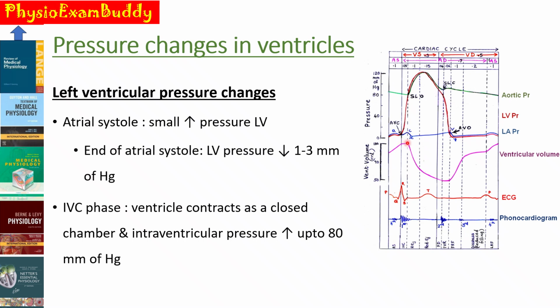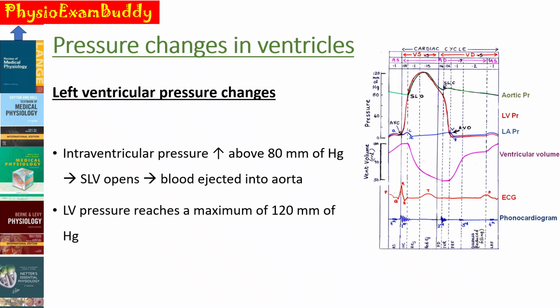And what happens in this isovolumetric contraction phase? During isovolumetric contraction, the ventricle contracts as a closed chamber. So the intraventricular pressure will rise up to 80 millimeters of mercury. So you can see here at the end of the isovolumetric contraction, the pressure in the left ventricle is around 80 millimeters of mercury.